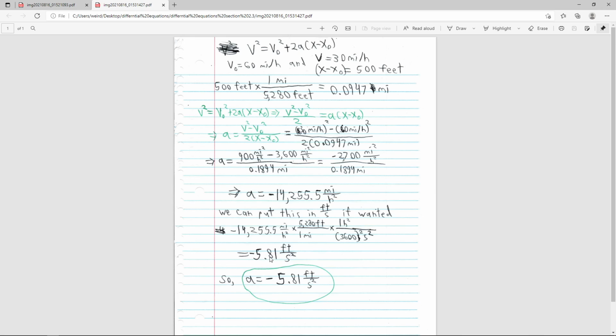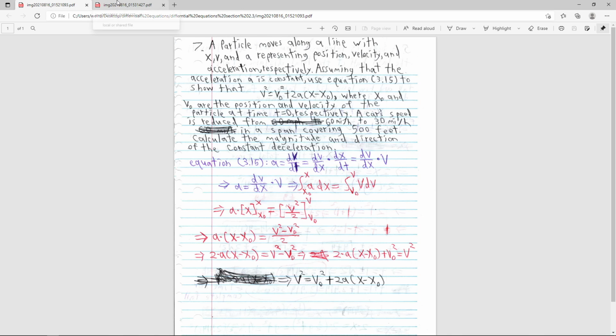So negative 5.81 feet per second squared. That sounds more reasonable to understand. So acceleration equals negative 5.81 feet per second squared. That's a constant deceleration.